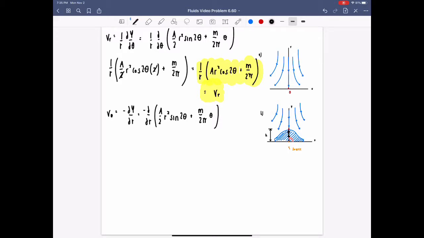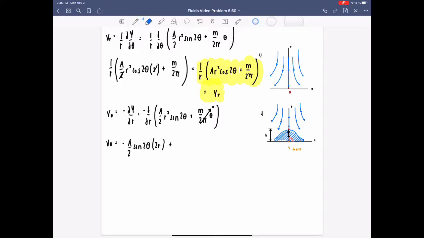And taking this with respect to r, I get v theta is equal to negative. So the a over 2 sine of 2 theta can come out front because that is a constant in this case. And then that's times 2r, plus this whole thing actually goes to 0 because there's no r.